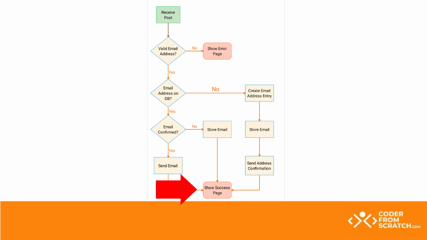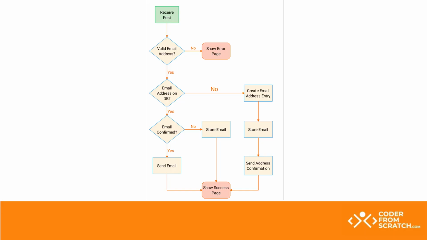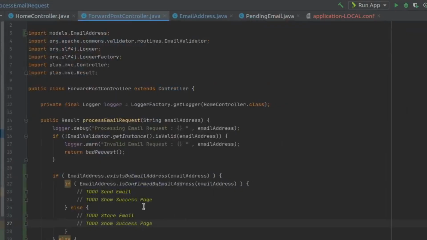And in both these cases, we show a success page if we manage to do these things. So to do show success page, like this. If the email address does not exist on the database, we create an email address entry. So let's go and do that now.